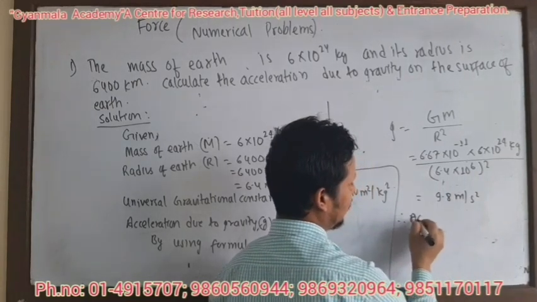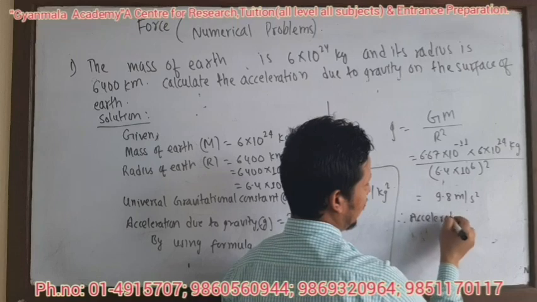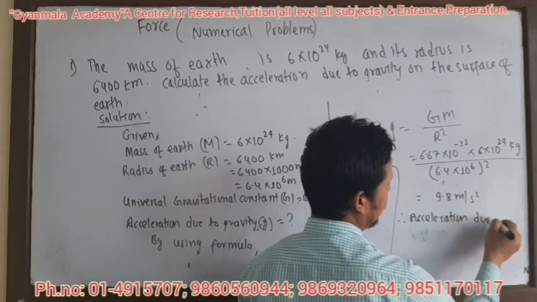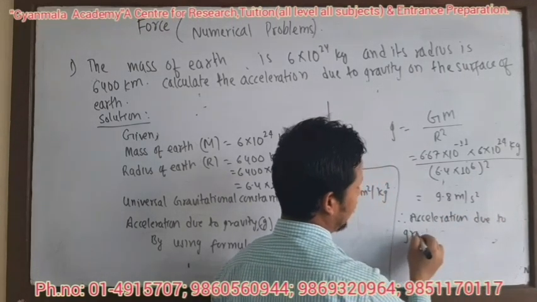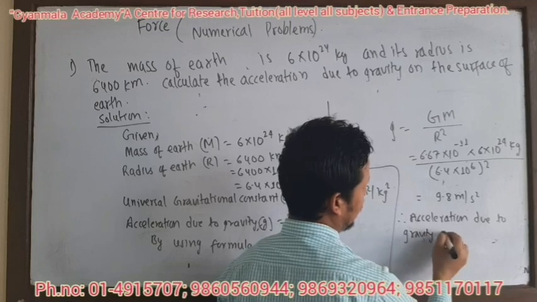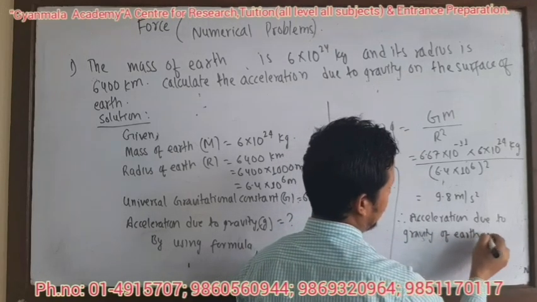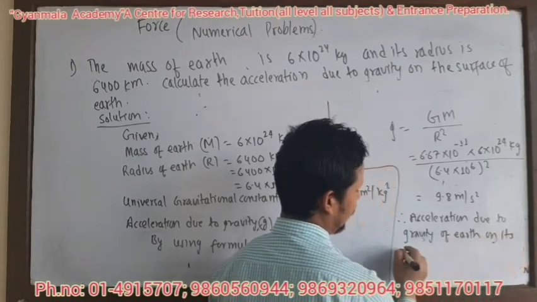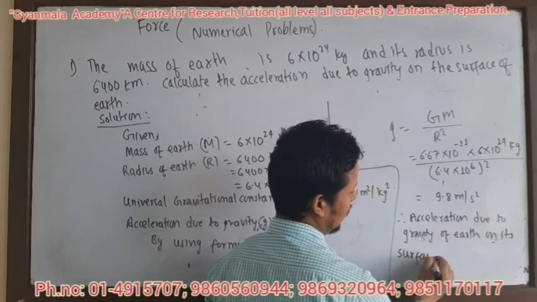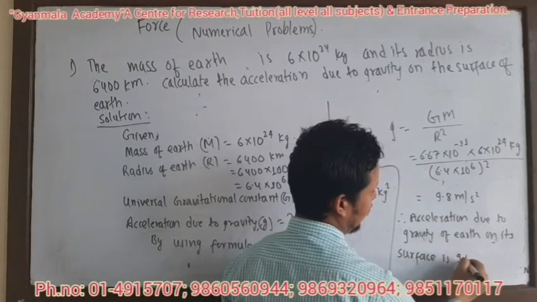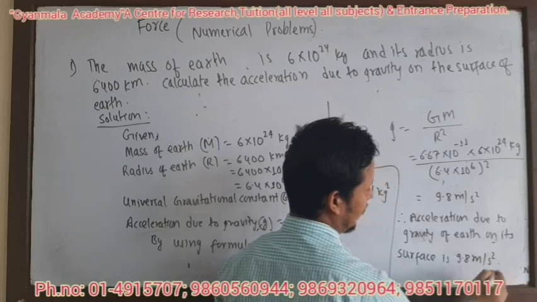Therefore, acceleration due to gravity of Earth on its surface is 9.8 meter per second square.